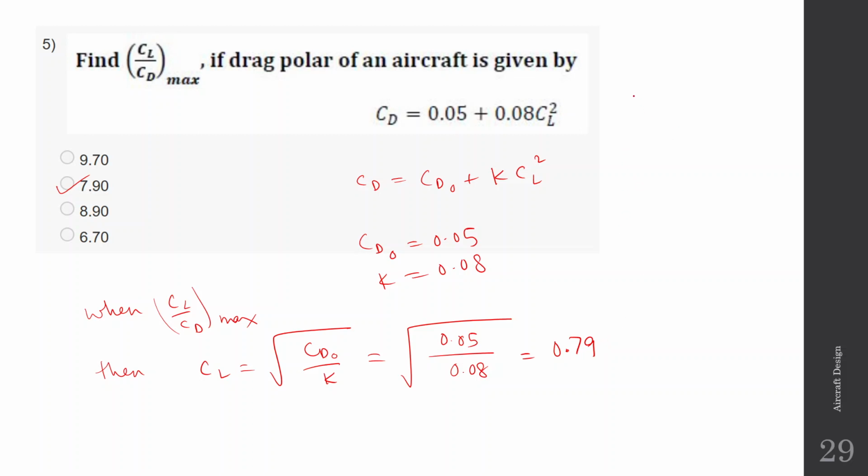And then we can plug this CL value into CD to get the CD, which is 0.0999.